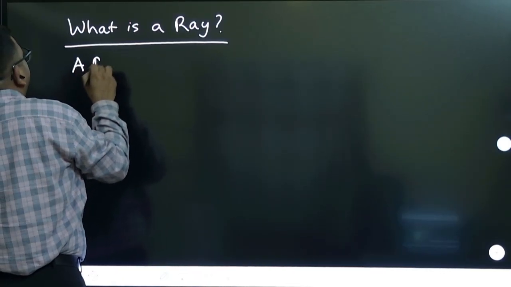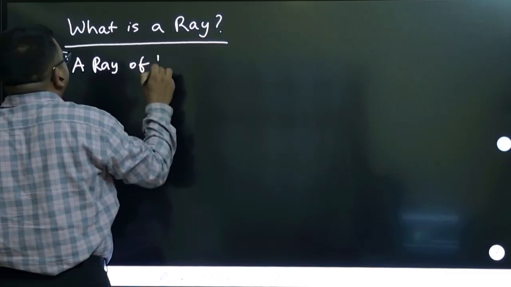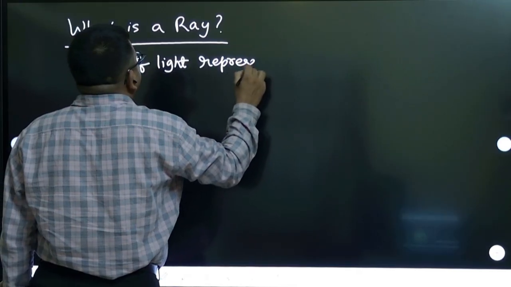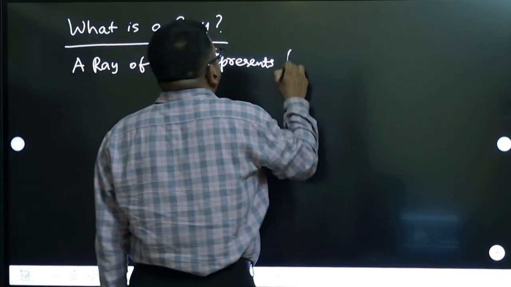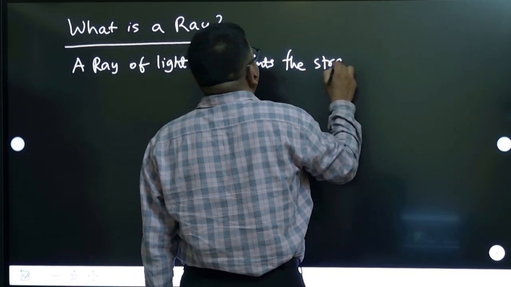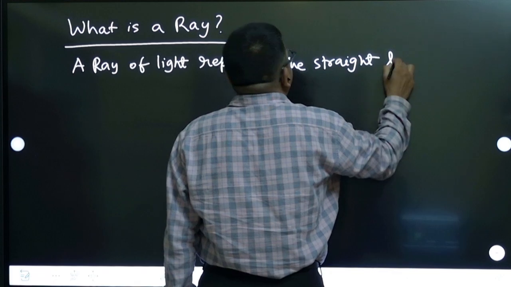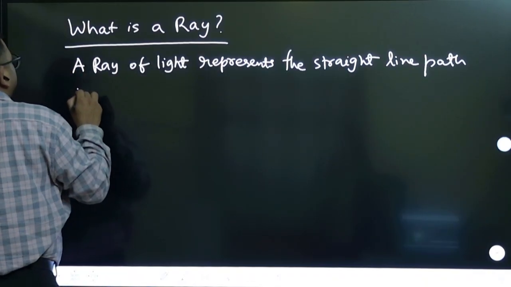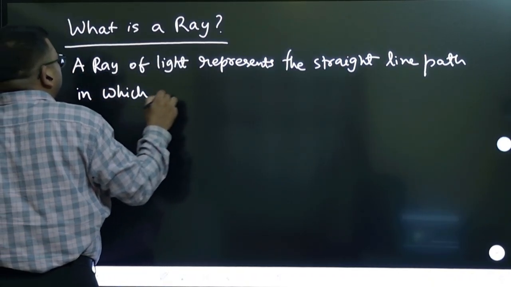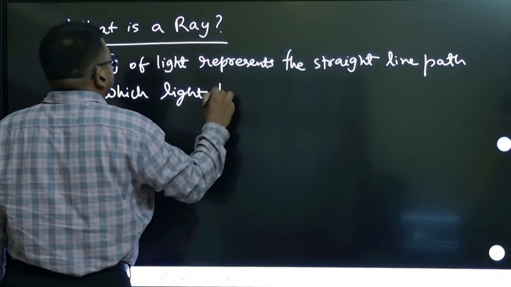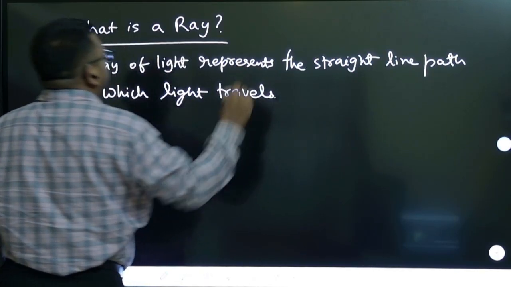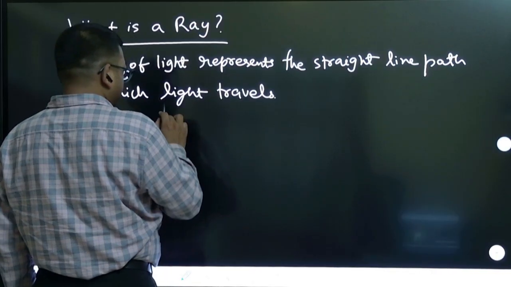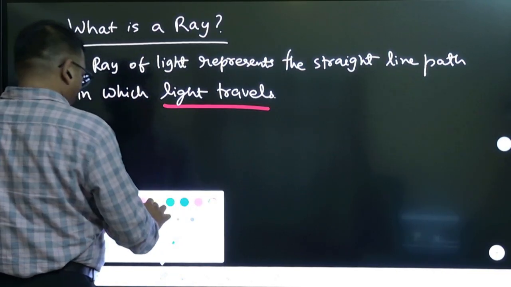A ray of light represents the straight line path in which light travels. Okay, so light travels in a straight line, that is also known as Fermat's principle.